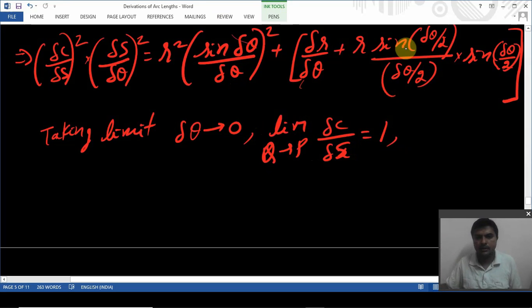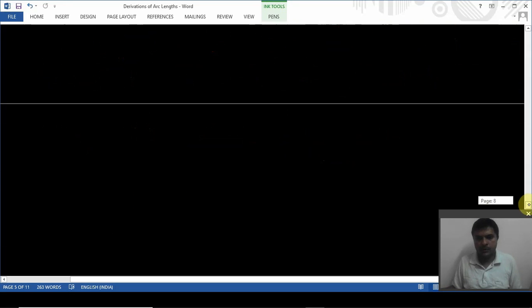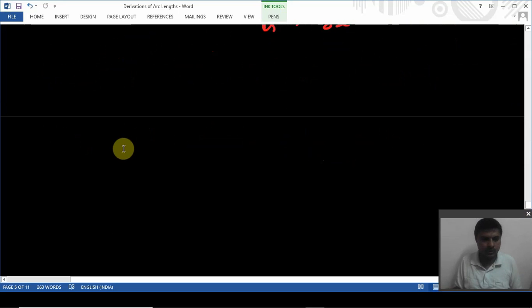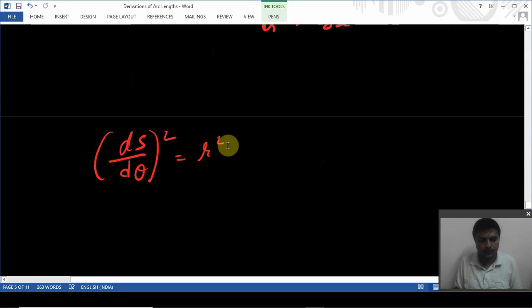This limit is 1, this limit is 1, and then you can see the remaining equation I will write directly. So this is going to be ds divided by d theta the whole square is equal to r square plus dr upon d theta the whole square. That's it. You remember this much, students? That's enough.